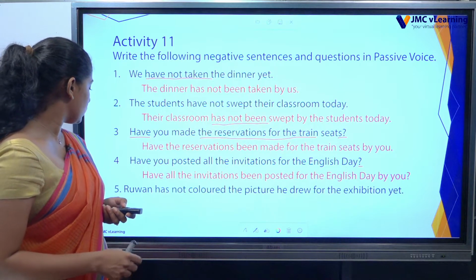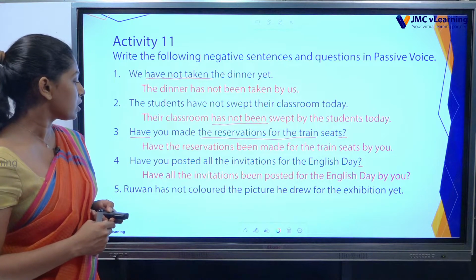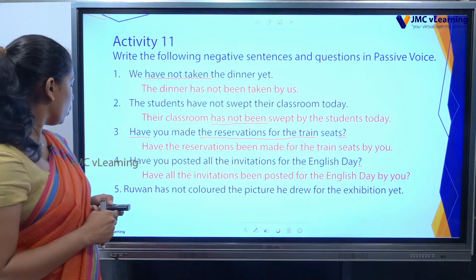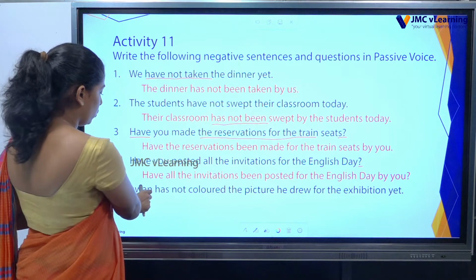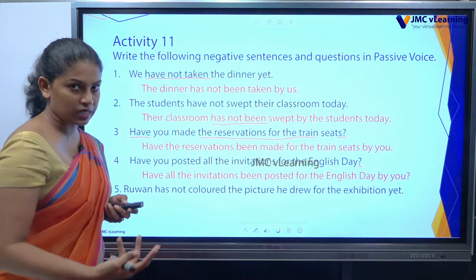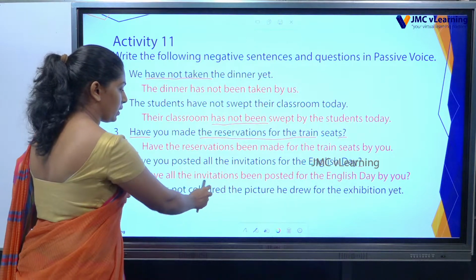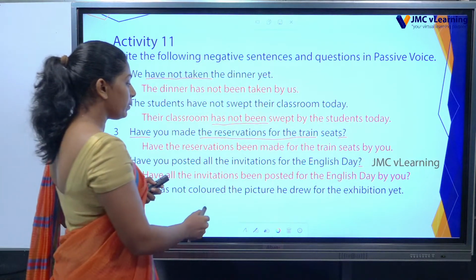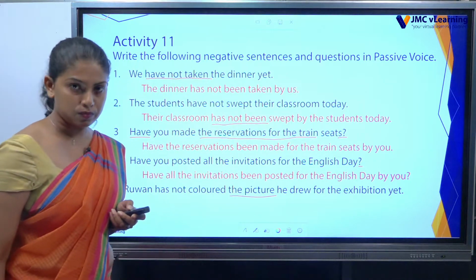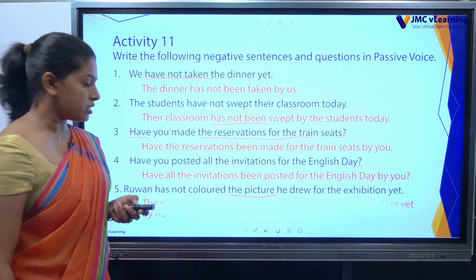Then the last one, Ruwan has not colored the picture he drew for the exhibition yet. So, Ruwan has not colored. Ruwan is singular, so we have to take has. To show negative, they have taken not, then verb past participle, colored the picture he drew for the exhibition yet. So, the picture is the object here. So, we have to take it first.